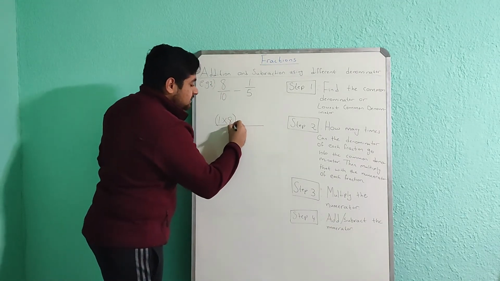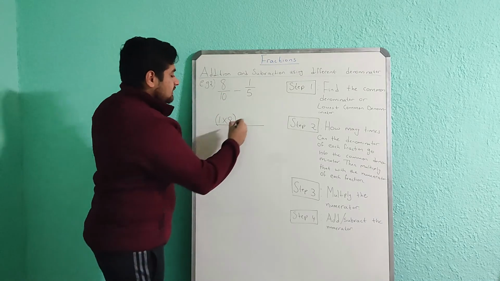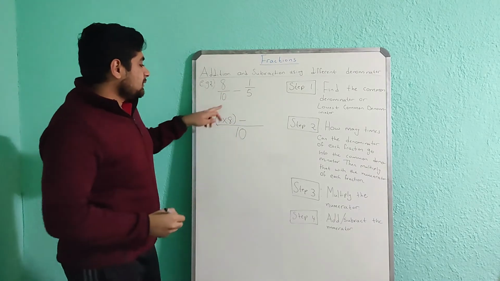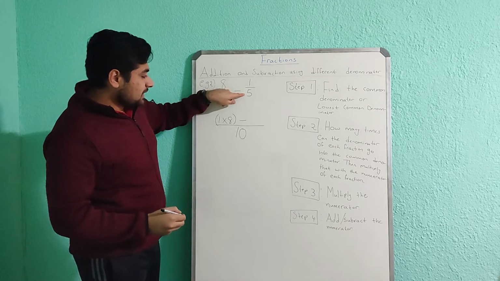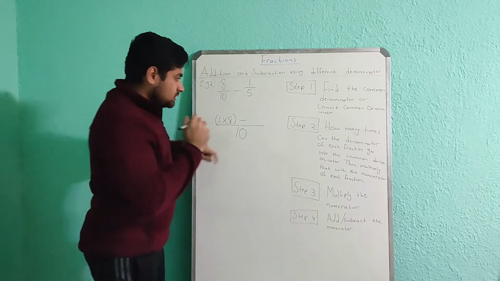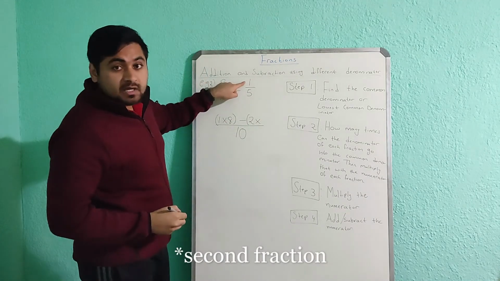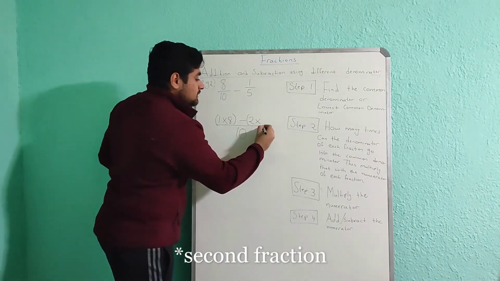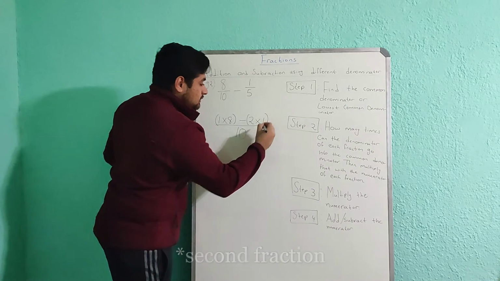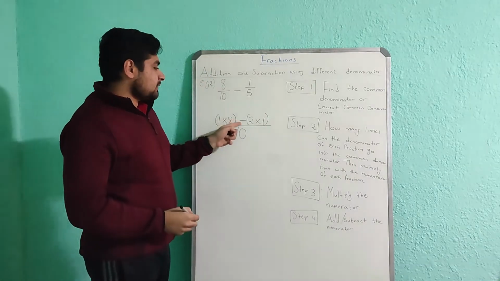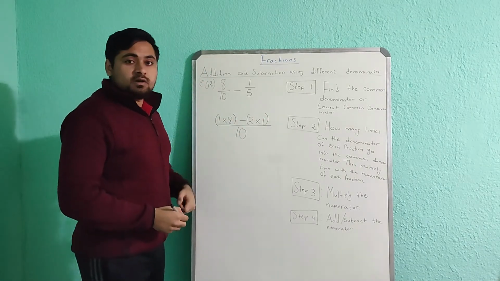So it's 1 times 8. Then you put the sign, which is negative. Now you repeat the same process. How many times can 5 go into 10? 2 times. So you write 2 times the numerator, which is 1. So we know that it is 1 times 8 minus 2 times 1, all over 10.